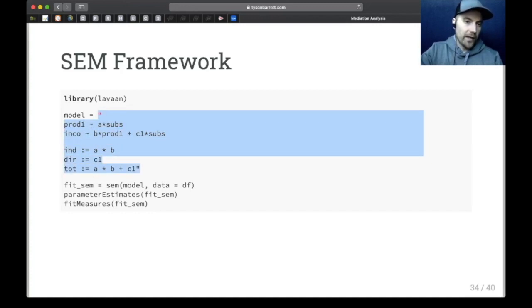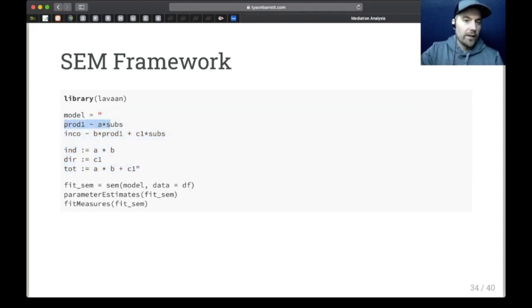So we have a quote on the front and a quote on the back, and then here what we have is we are basically doing a regression very similar to what we've done before, but now we're adding a times and a star times subs. In the SEM framework, what this is doing is it's making the estimate on subs predicting productivity and makes it labeled as A. You could put any word there. It's just a label for that path.